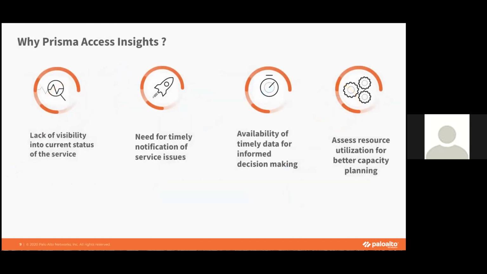Why Prisma Access Insights? Admins and users lack the necessary visibility needed to ensure that infrastructure is running smoothly, and if there is any issue, where the issue lies. The IT teams and admins need a real-time mechanism to be proactively alerted for service issues and actionable insights for remediation.